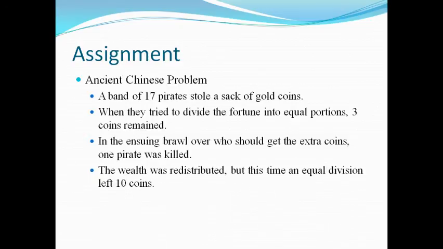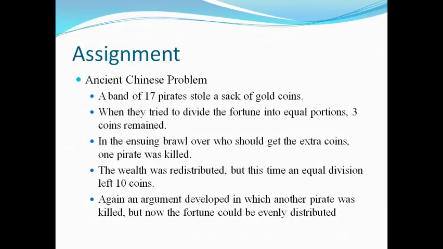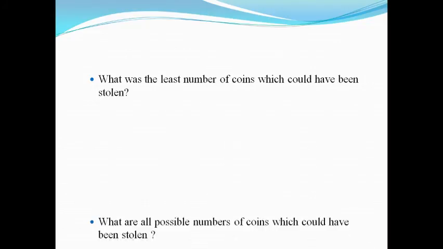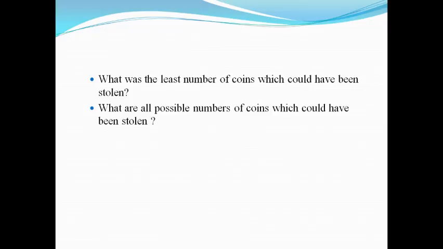Then the remaining coins were equally distributed, but still 10 coins were left. Again an argument developed in which another pirate was killed, but now the fortune can be evenly distributed. Now you have to calculate the least number of coins which could have been stolen, and second, all the possible numbers of coins which could have been stolen.